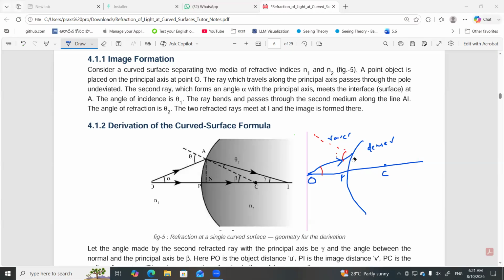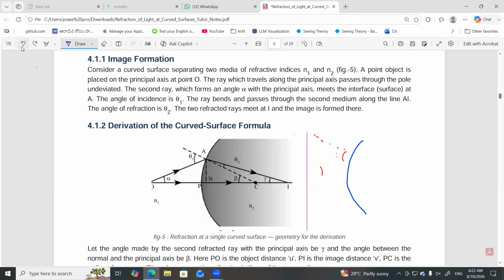Good. Did you draw? And did you locate those three angles, alpha, beta, gamma, and theta 1? Yes, sir. I'll draw the theta 2.